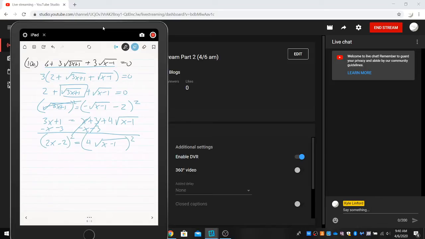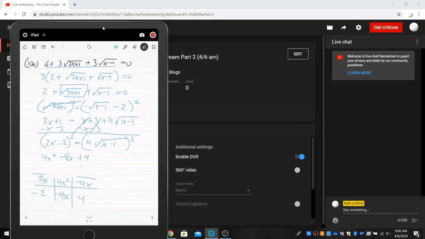On the left-hand side, obviously, I'm going to need to do box method because I have a binomial and I'm squaring it. I end up with a 4x squared, a positive 4. Here I'm going to have a negative 4x, and here's a negative 4x. So I end up with a 4x squared, a minus 8x, and a positive 4.